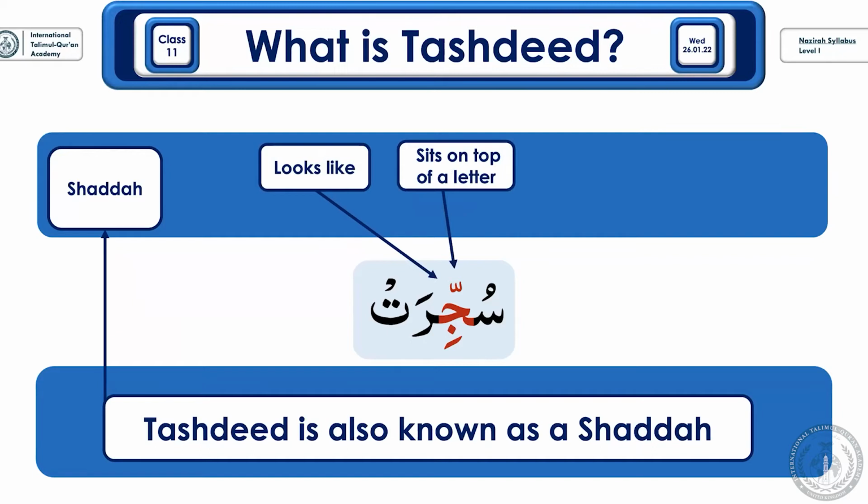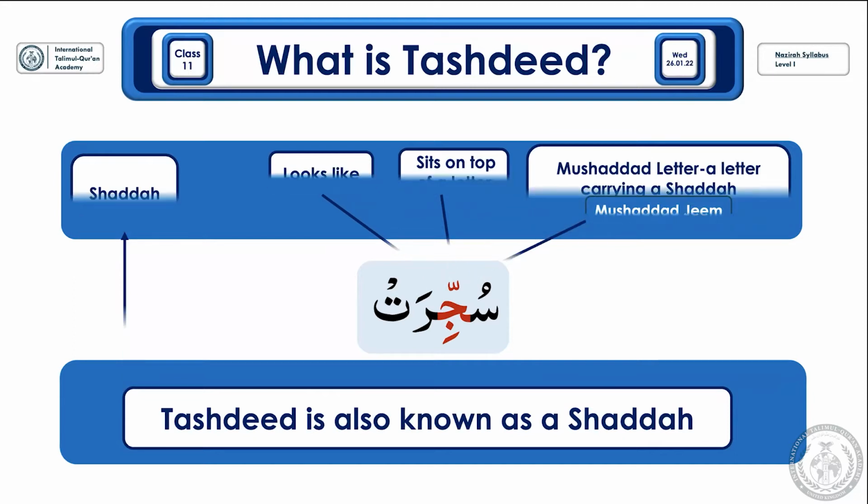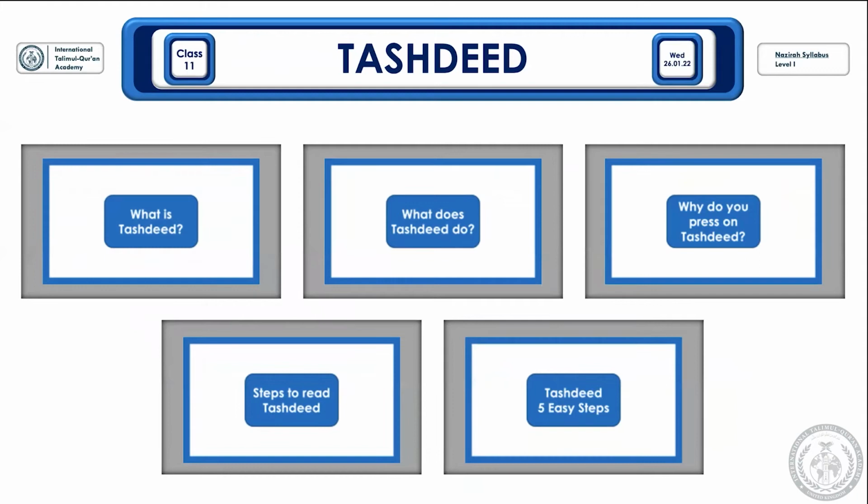It sits on top of a letter like it's doing there. A mushaddad letter is a letter that carries a shadda. So this is a mushaddad jeem because it's a jeem that carries a shadda. Okay, so that's what tashdeed is.